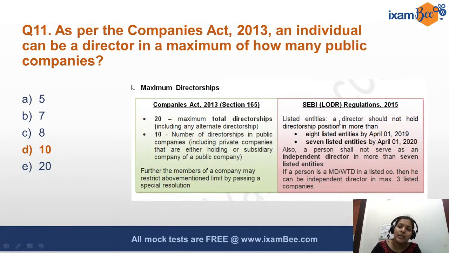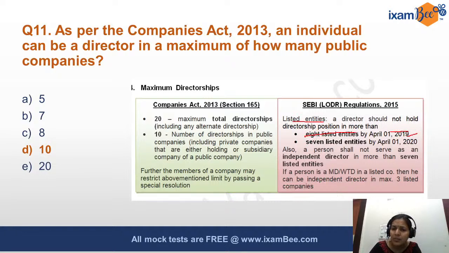And there is another limit given by SEBI LODR regulations for listed companies. So the first line now can be ignored because this time has already passed.